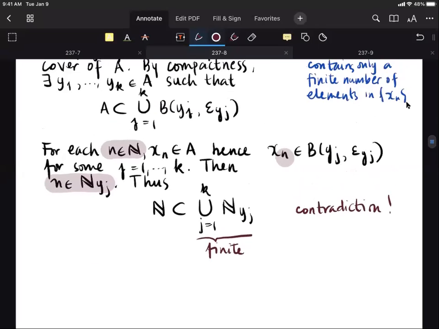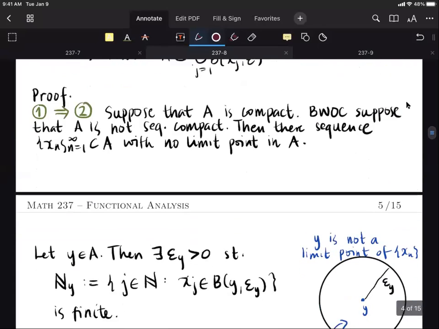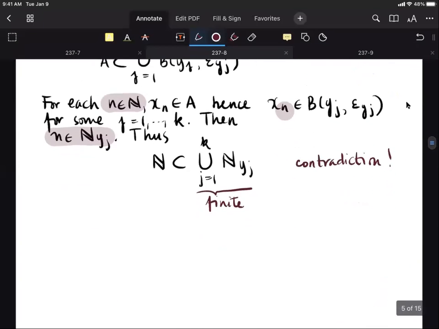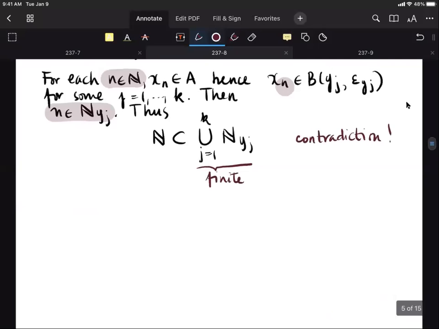Okay, so we arrive at the contradiction. So based on this, the culprit here must be that the assumption of being not sequentially compact is false. So therefore, A must be sequentially compact. And this proves 2.